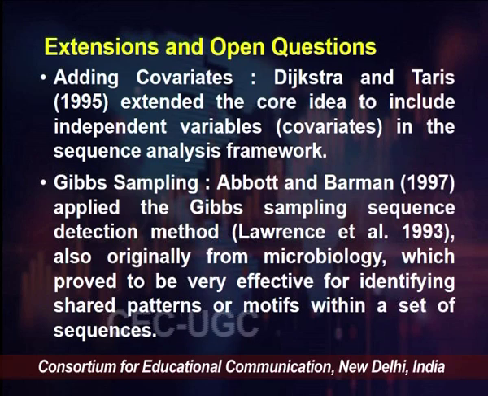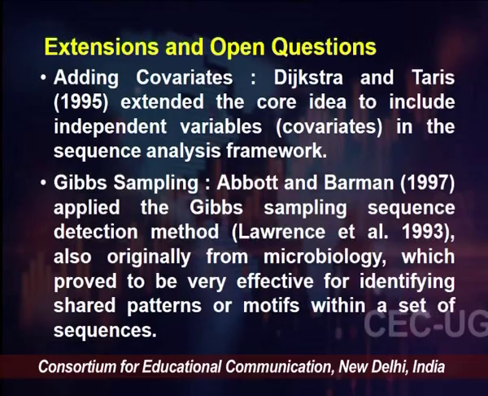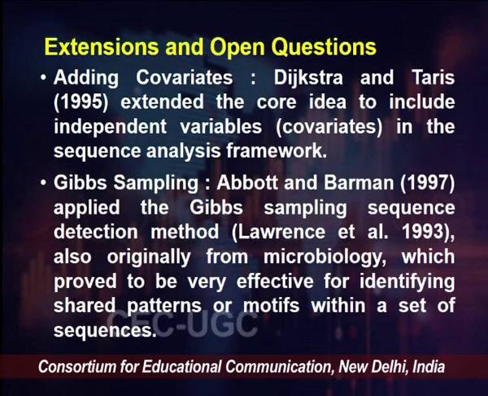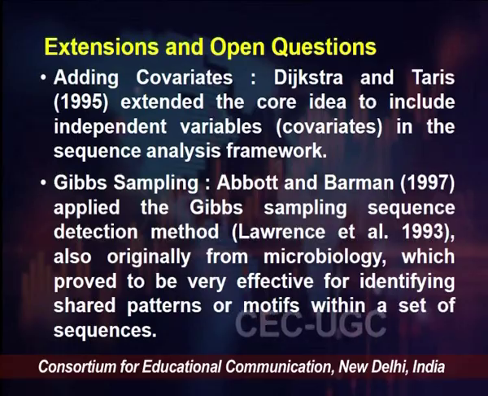Abbott and Barnett's 1997 work applied the Gibbs sampling sequence detection method, also originally from microbiology, which proved to be very effective for identifying shared patterns or motifs within a set of sequences. Raftery concludes that this is a very interesting approach with many open statistical questions, indicating it is a growing area of research.